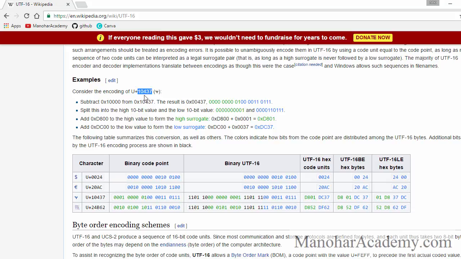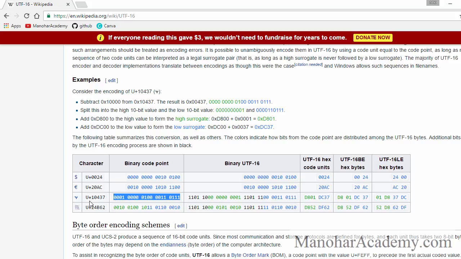It is more than that. So they use a different encoding technique to convert this into 2 different codes. These are called code units, and this is called a code point.